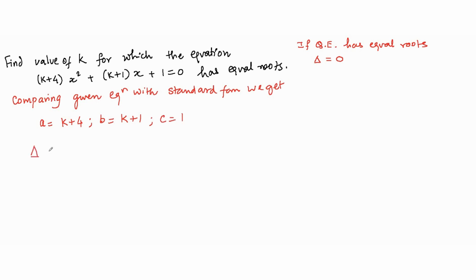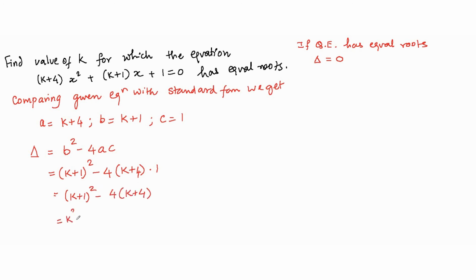I know that the discriminant is b square minus 4ac, which is equal to k plus 1 the whole square minus 4 into a into c, right? Sorry, a should be k plus 4. So this is k plus 1 the whole square minus 4 times k plus 4.